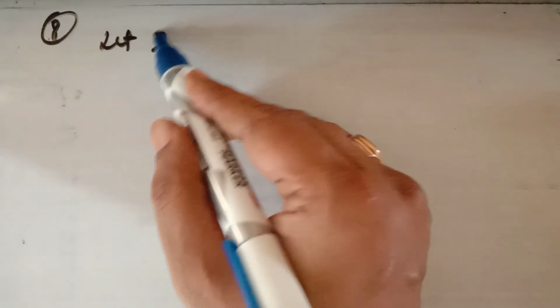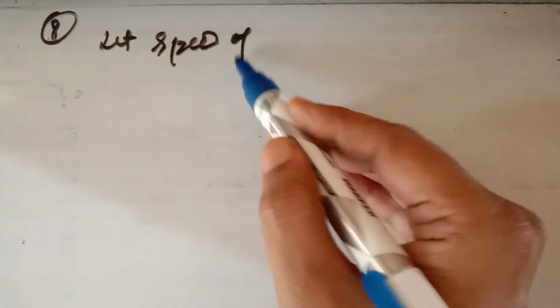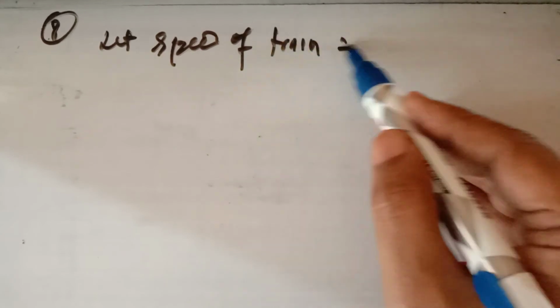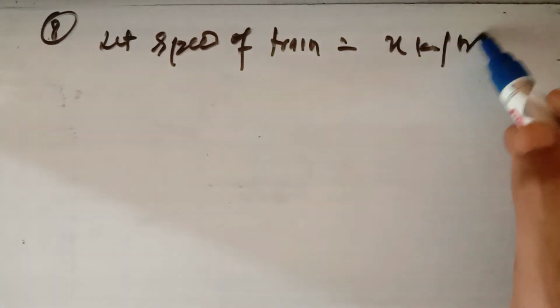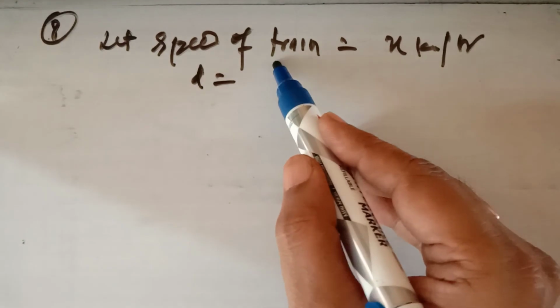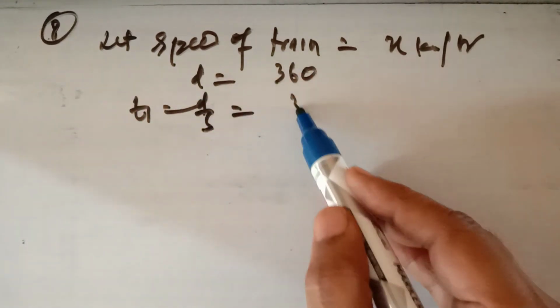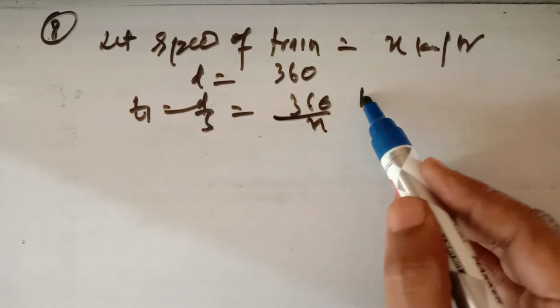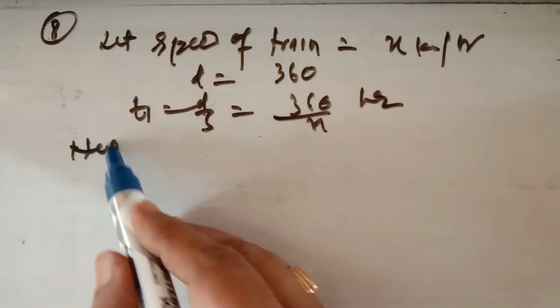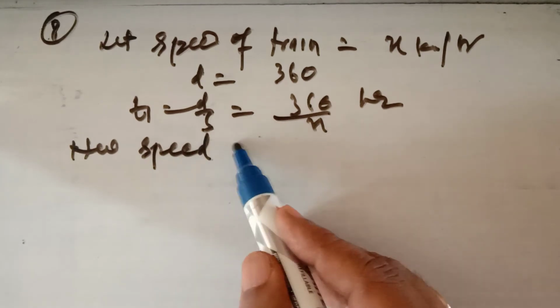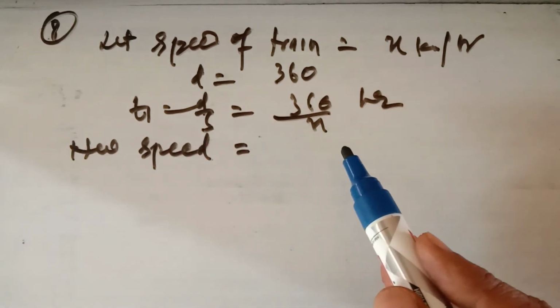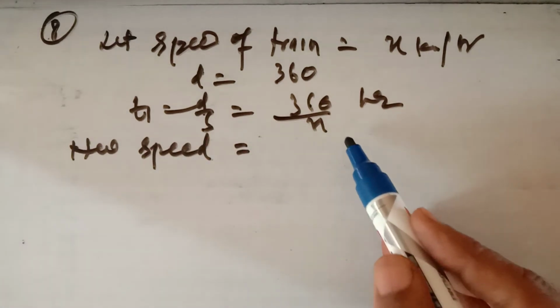So let the speed of the train be x km per hour. Distance is 360. So time is equal to distance upon speed, which is 360 upon x. Now what is the new speed? It is given that it is 5 km per hour more.